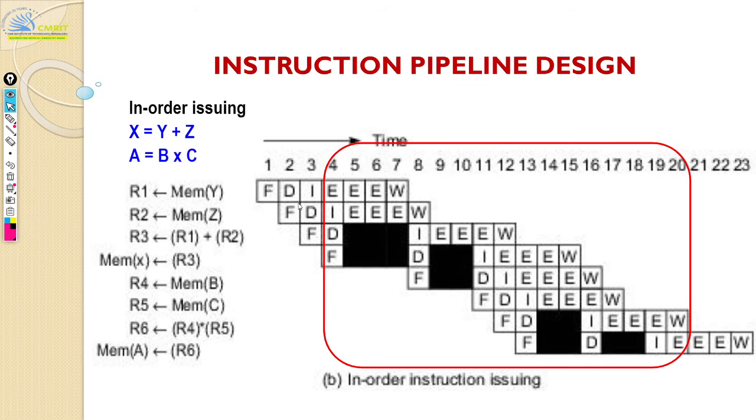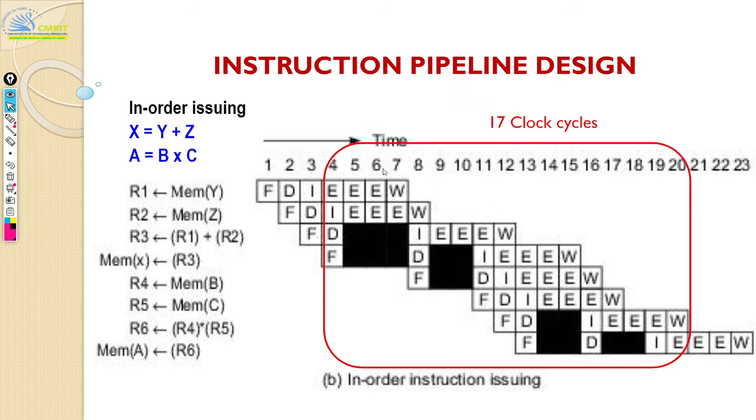These two don't make sense, so you're just calculating the time where your pipeline is effectively working, it's full. So then you have the cycles from 4 to 20, which is nothing but 17 clock cycles if you go for in-order issuing.